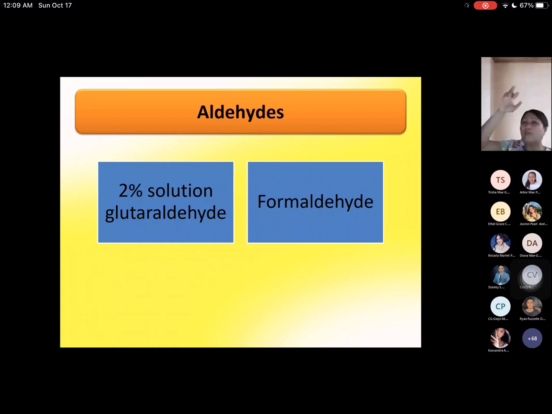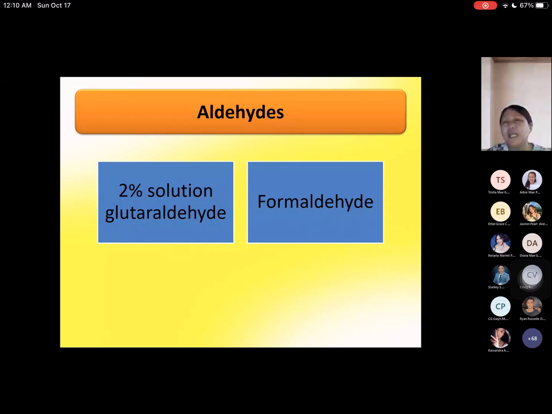So in the Damascus, we have cadavers, and the ones in charge usually use formaldehyde in preserving the cadaver. He needs to maintain the cadaver with the use of formalin.